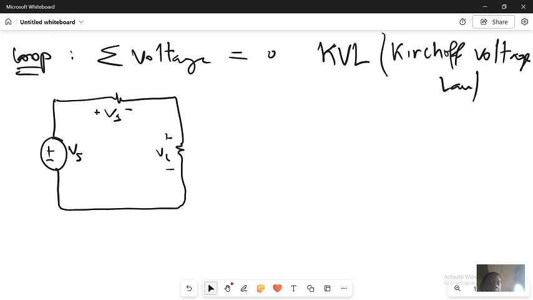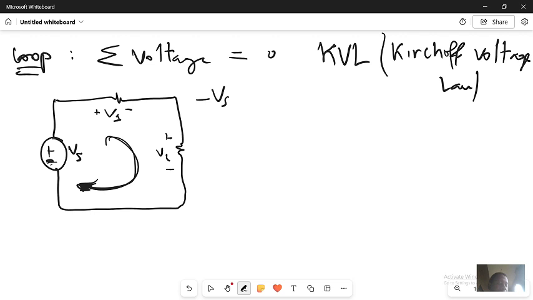Meaning that I will follow this arrow. This arrow is entering the negative, so I will have minus Vs. I take the first sign.